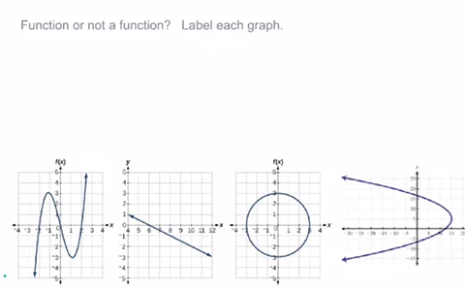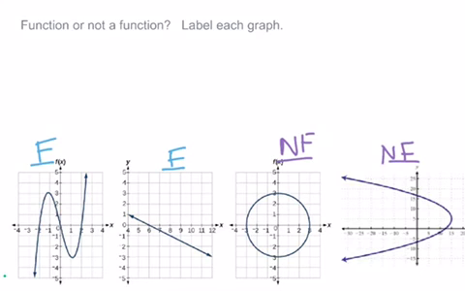So I want you to go ahead and figure out if these are functions or not functions. So these should be your answers. This is a function, function, not a function, not a function.